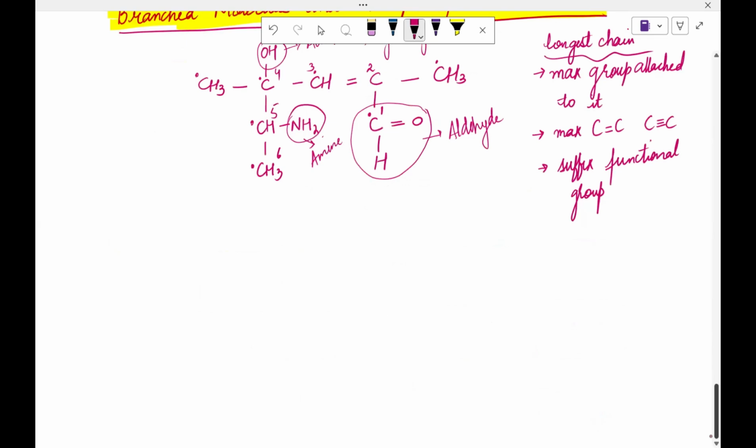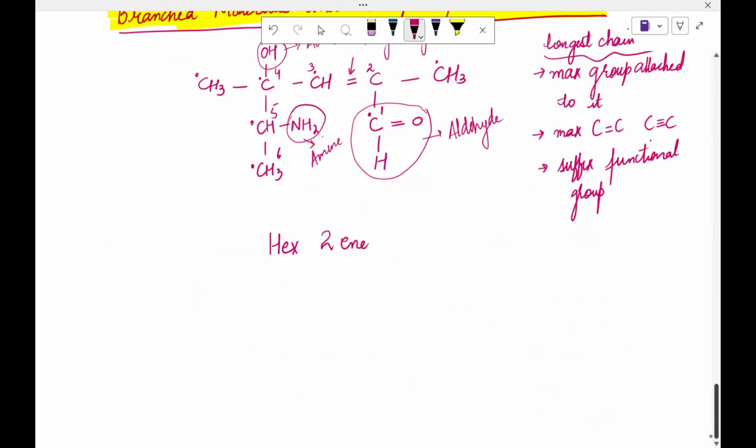Now, first of all, let's find out how many carbons there would be. 1, 2, 3, 4, 5, 6. So that would be hex. And how many double bonds would there be? Only one double bond, and that is this one. So hex-2-ene.